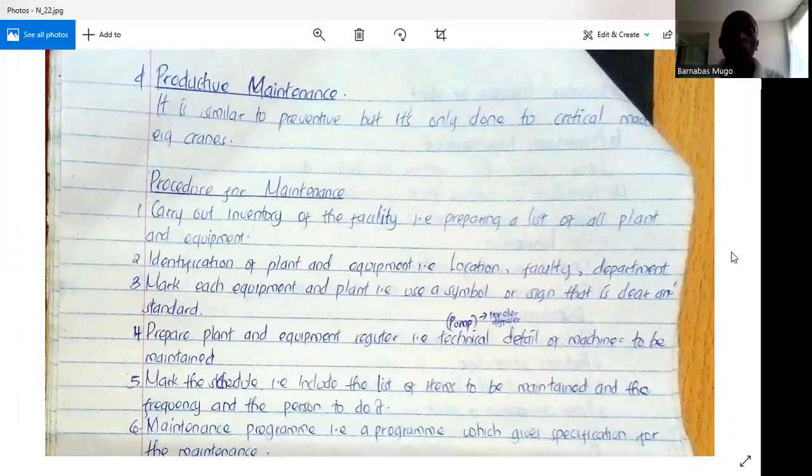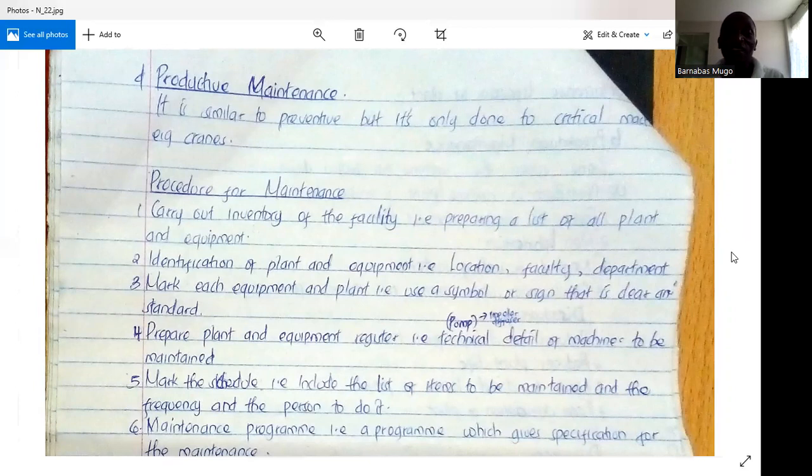We have the procedure for carrying out maintenance on a machine. One of them is to carry out an inventory of the facility, that is, preparing the list of all plant and equipment. The second procedure is identification of plant and equipment by, for example, the location of that plant, the faculty of that plant, and the department that is using that plant.